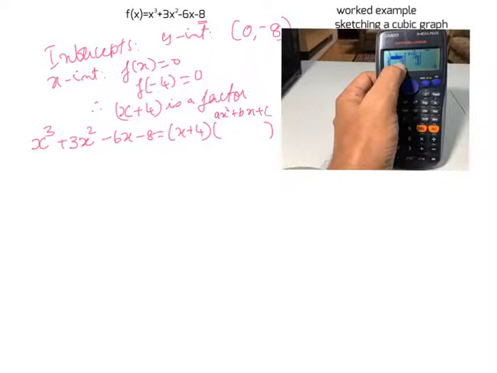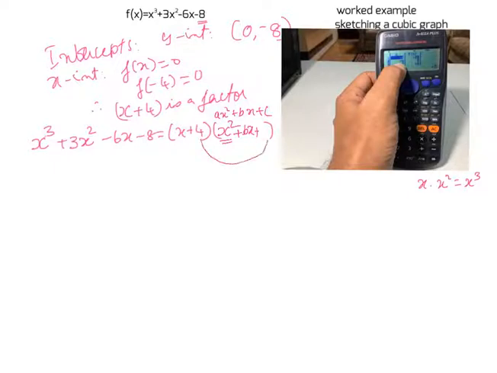Now a has to be 1 because x times x squared will give me x cubed, isn't it? When I use the FOIL method. Therefore my first term here is x squared. Now plus b, we do not know what b is. And look at the last term.